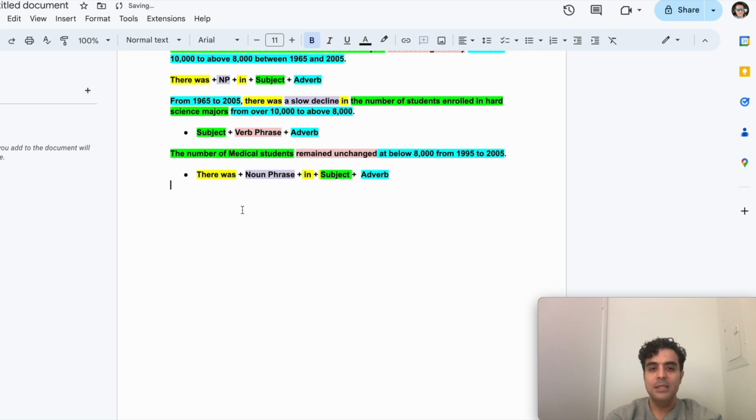So let me show you how this is done. We're going to change the same sentence and transform it into this noun phrase style of expression. So this time we're going to say there was a period of stability.